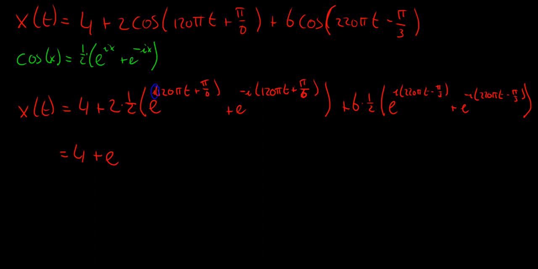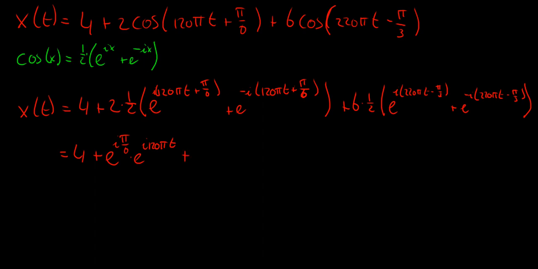I'm going to multiply this i with this pi over 6 and split up the powers. So we get i pi over 6 times e to the power i 120 pi t. This is the same as just having one e and a plus between them and working out these brackets here. I just did 2 steps at once.